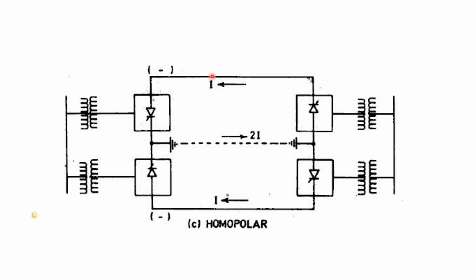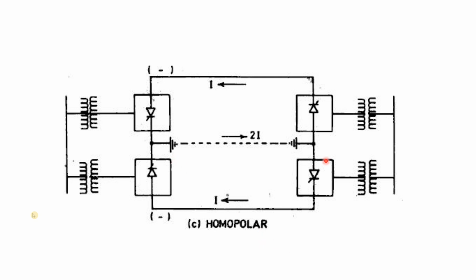But in a homopolar link, these two are negative, so negative power is being transmitted, and then using the ground or metallic return path, we are transmitting 2I, so 2 times the current. That means this is I and this is 2I, so 2 times the current means obviously twice the power is transmitted, isn't it? So in a homopolar link, 2 times the power can be transmitted.